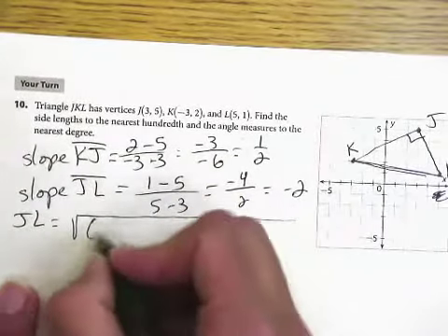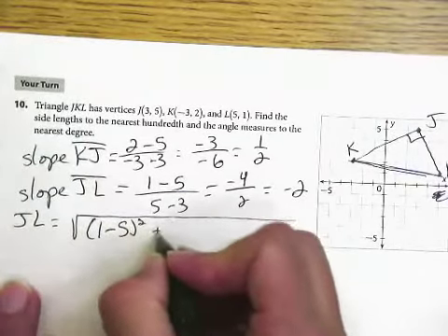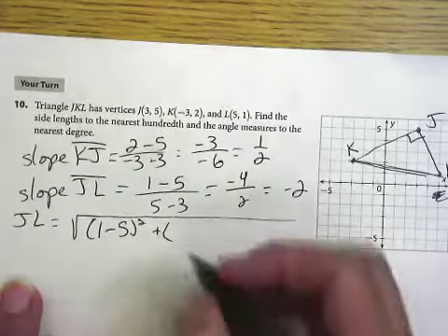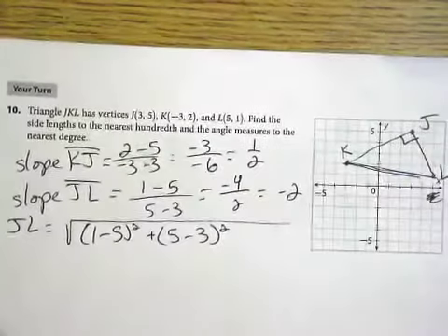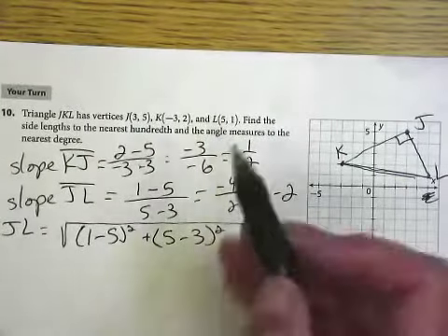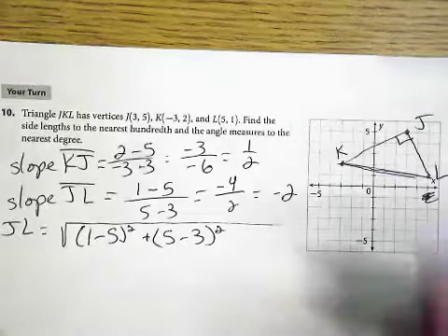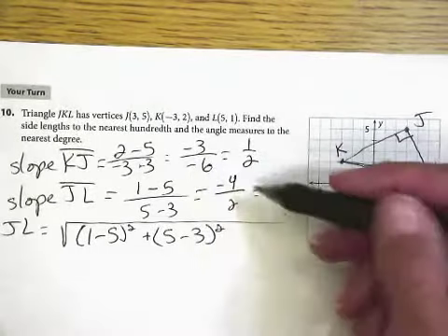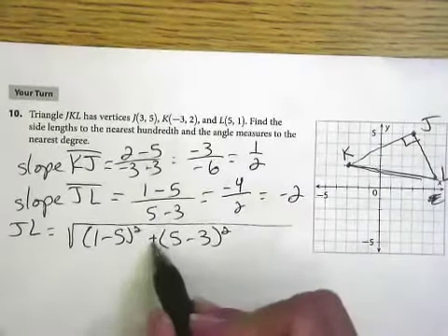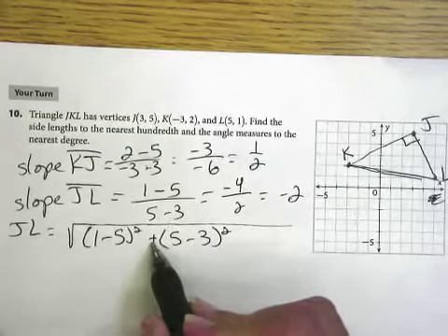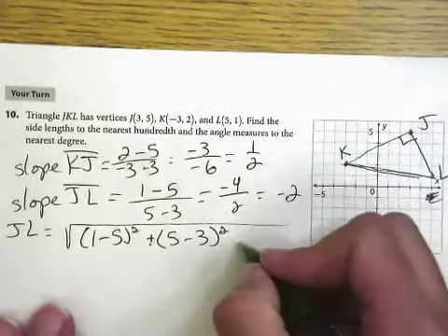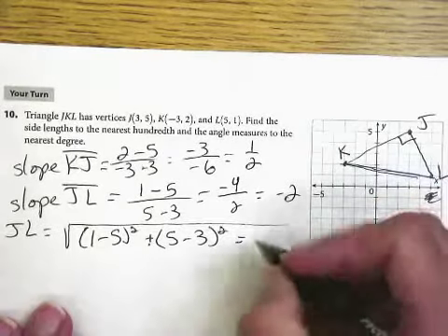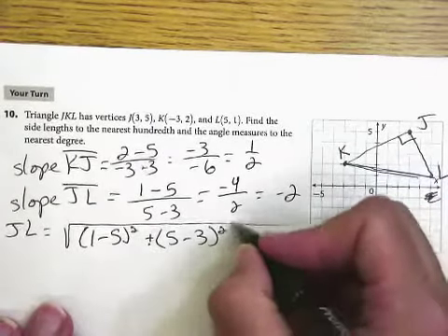Now we're going to use distance formula in order to find the lengths of the sides. So JL is 1 minus 5 quantity squared plus 5 minus 3 quantity squared. And hopefully you'll forgive that I did y's before x's. It's kind of a habit after doing slope.